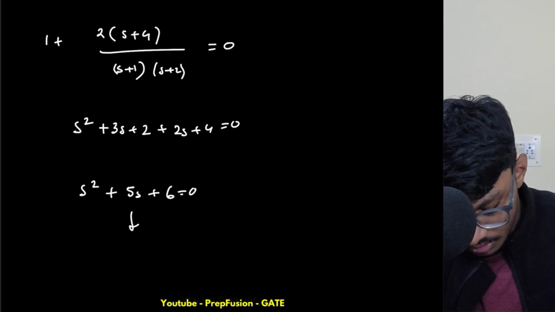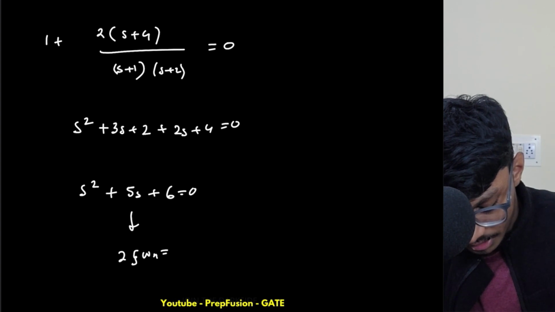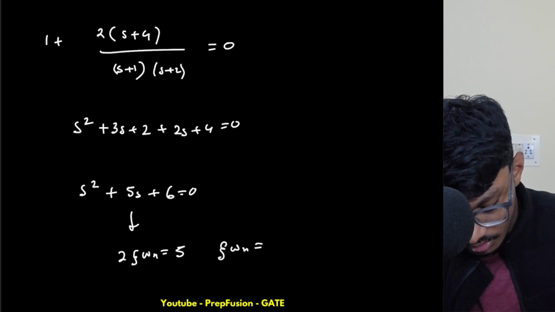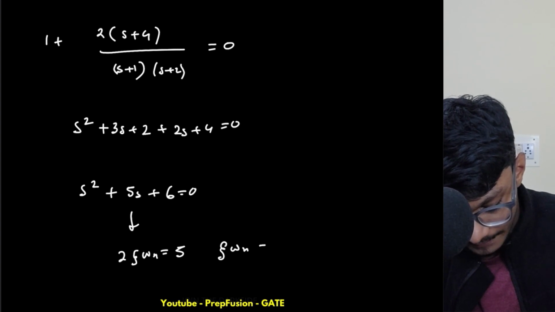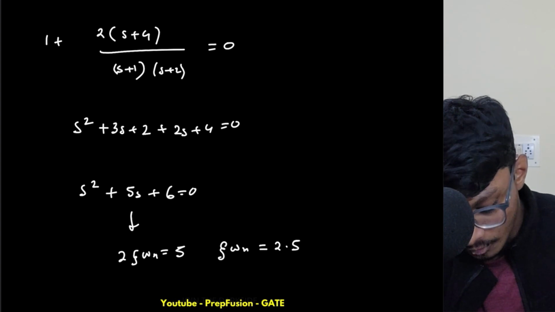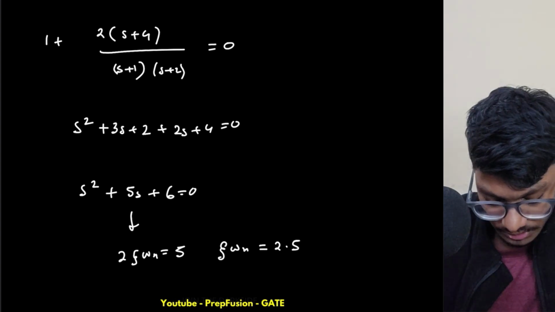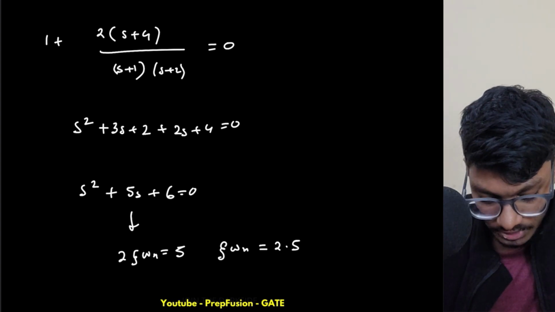So from here my 2 zeta omega n is 5, and zeta omega n is 2.5. Okay, so zeta omega n is 2.5. Now what will my settling time become?